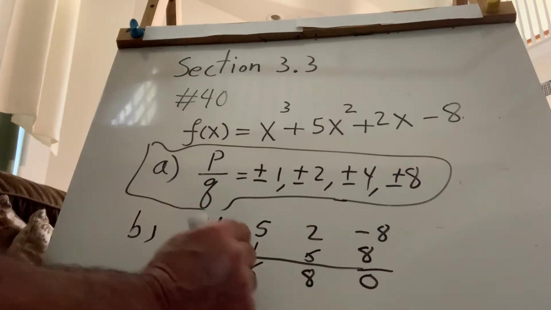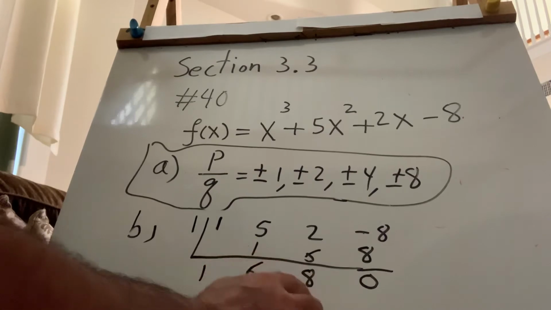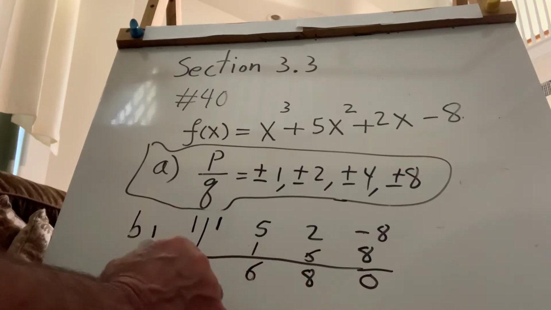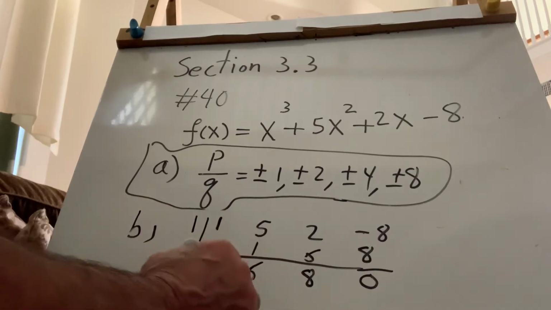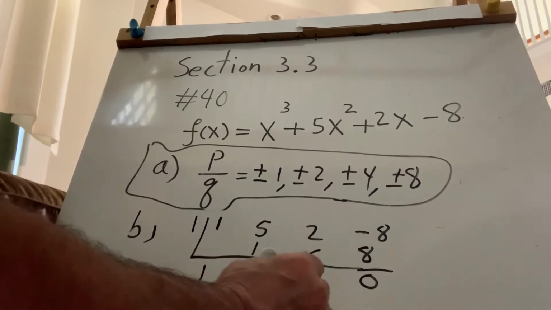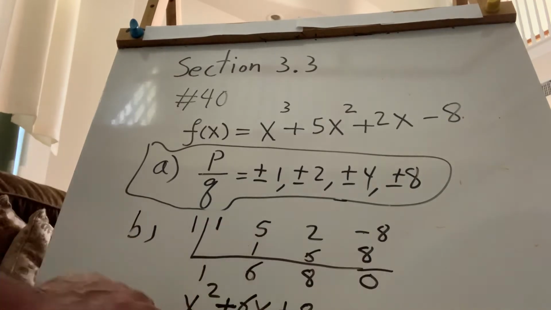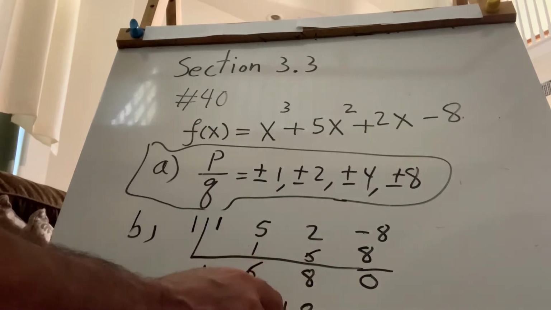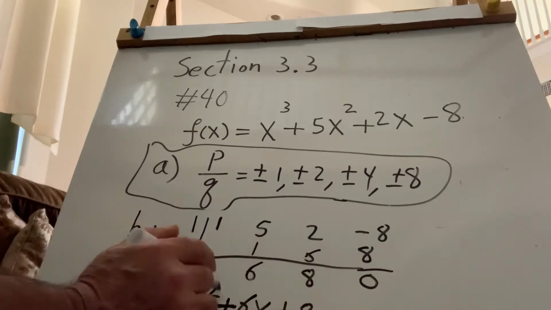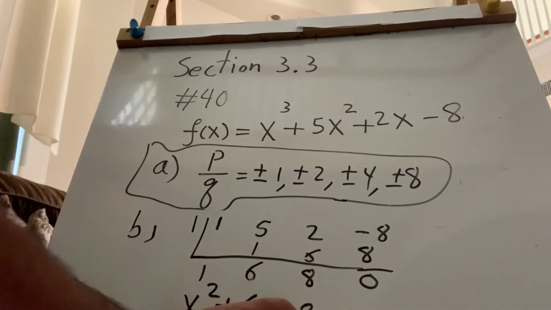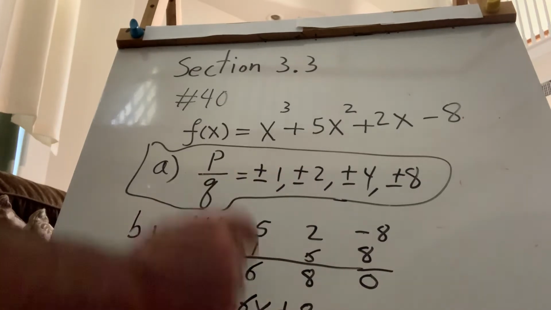So all you have to do in this case is take that second degree equation, which becomes x squared plus 6 times x plus 8, and set that equal to 0, and then just solve that quadratic equation, which I'm sure takes us back to a couple of months ago when we talked about solving quadratic equations. So the solutions to this equation will be your last 2 zeros for this third degree function.